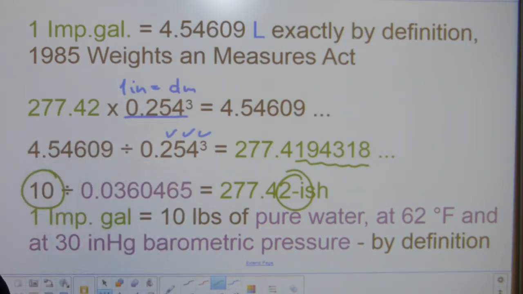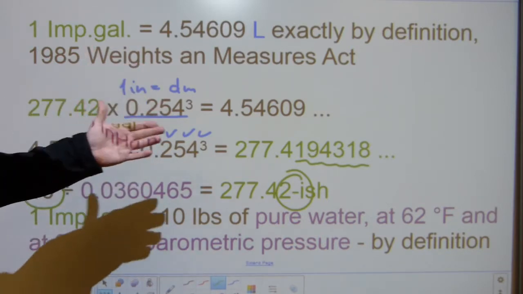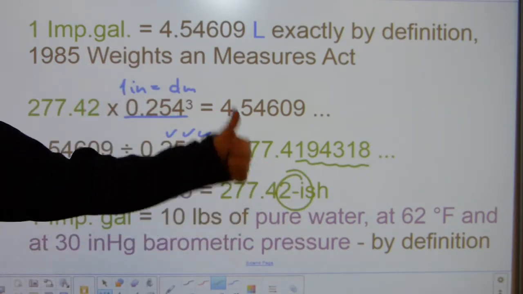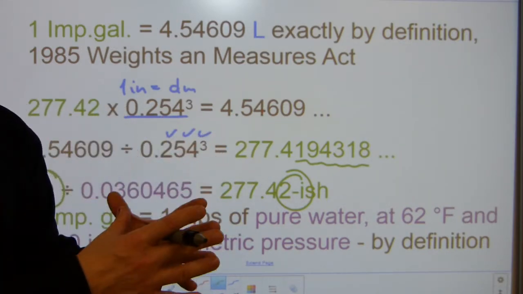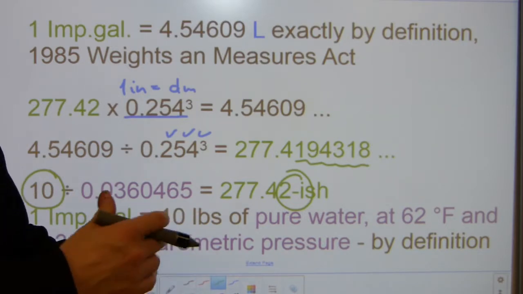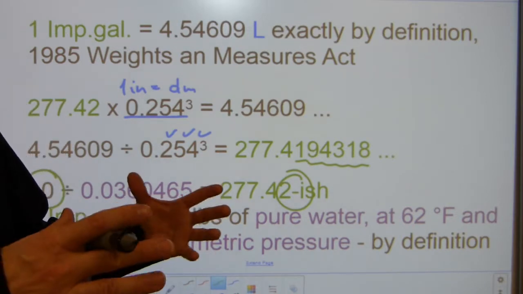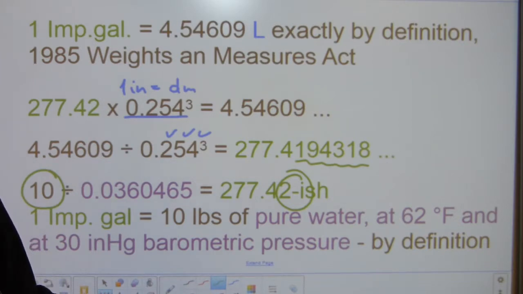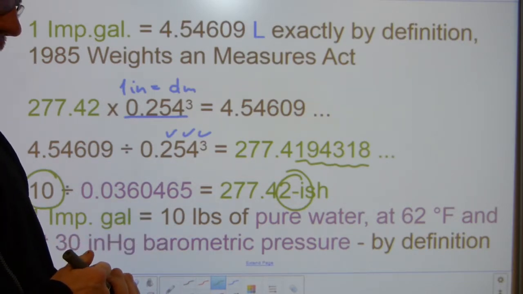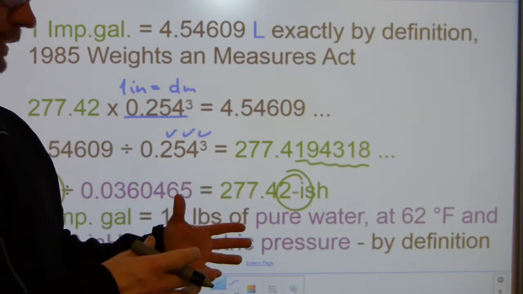Bottom line, we have 277.42-ish cubic inches. That's why the numbers move, the decimal places move if the water is heated up. Hot water takes up more space, cold water takes up less space to a degree, and degree as in degree of temperature at 4 degrees Celsius, which is approximately, I don't know, 34, whatever, 35 degrees Fahrenheit, something like that.